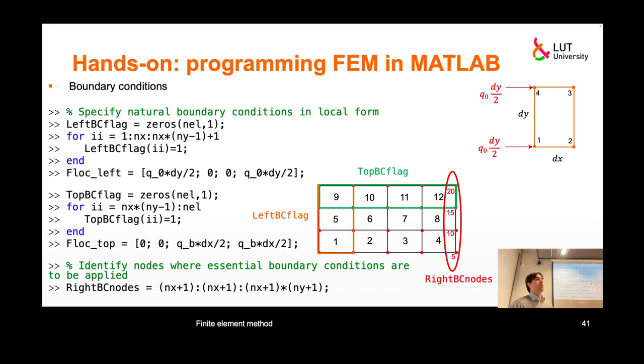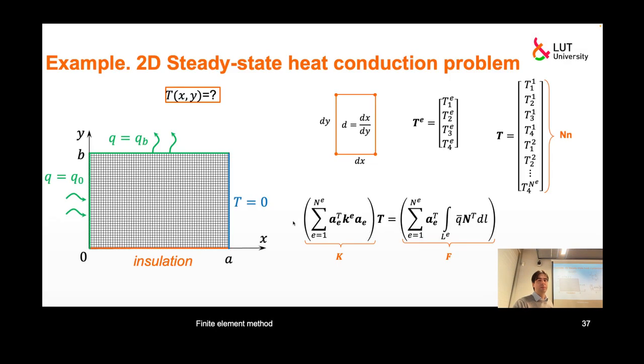In this code, I will be using temperature 0. I think I put it here. Yeah. In our more general statement, it was any value of prescribed temperature, but for a little bit of simplicity in this finite element code, I will use 0 values. It makes things a little bit easier.